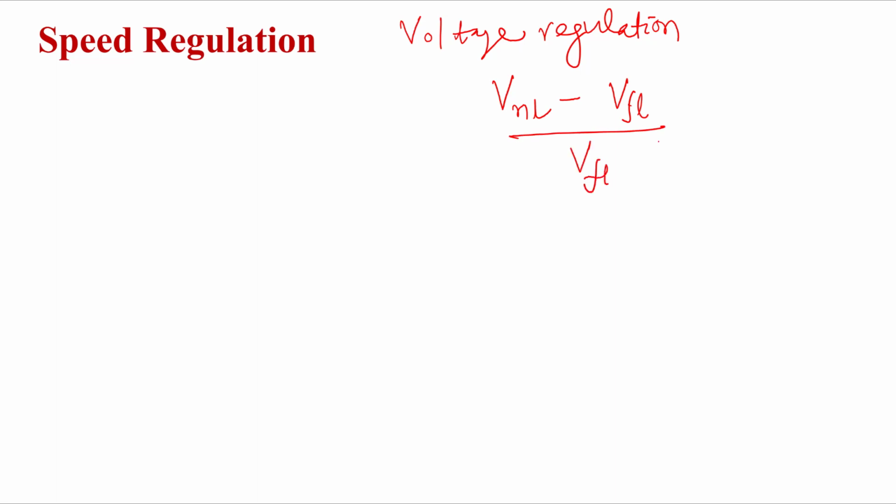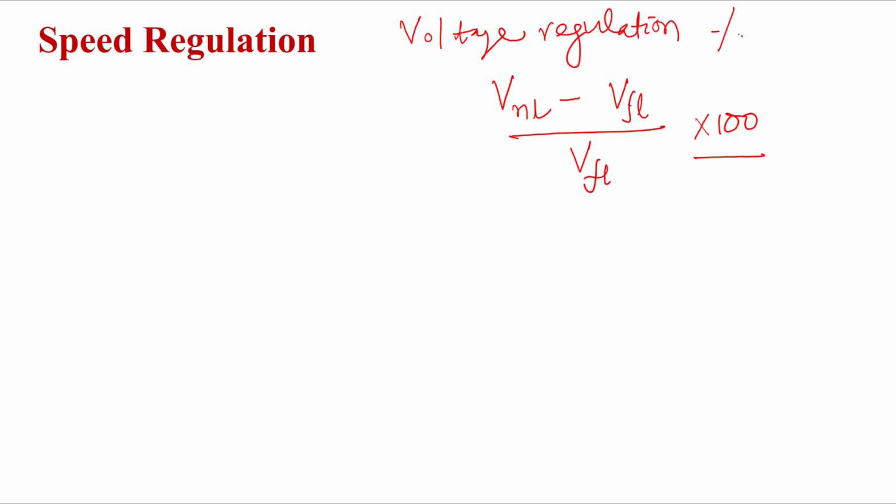Like we have seen in case of a generator, one term known as voltage regulation, right? What is voltage regulation? Voltage regulation is (V no load minus V full load) by V full load into 100, in percentage. So this voltage quantity is the terminal quantity by which we check the performance of the generator, right?